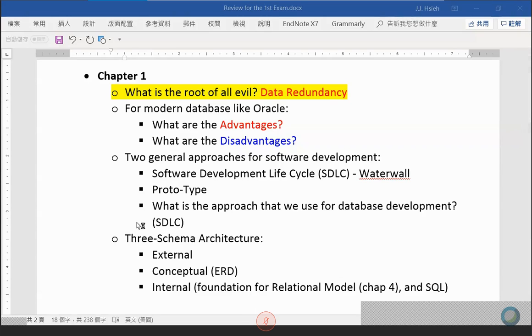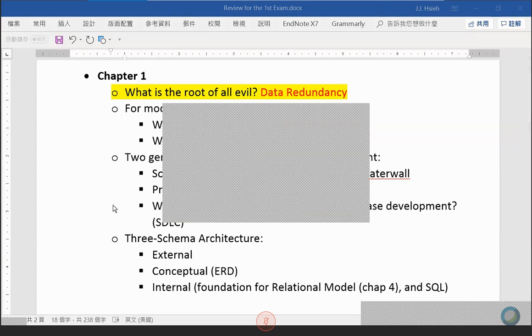So let me switch the screen really quick to show you what the three schema are. I'm going to share another application with you, switching in just a second.